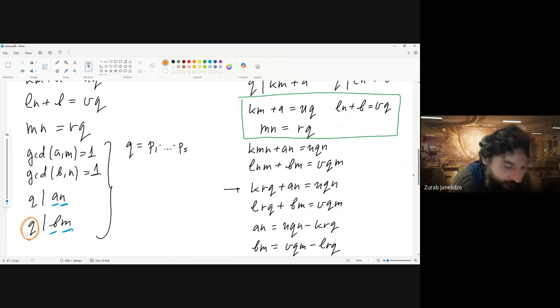So no prime factor of Q can be a prime factor of M. So all prime factors of Q must be prime factors of B, right?